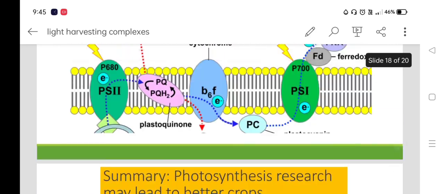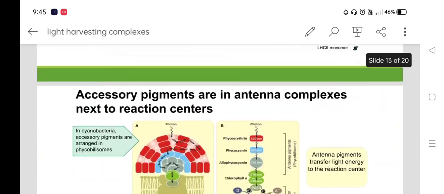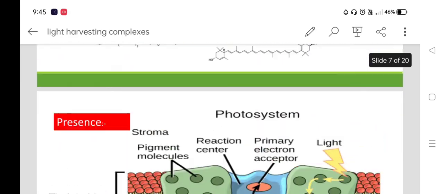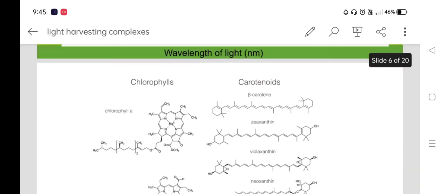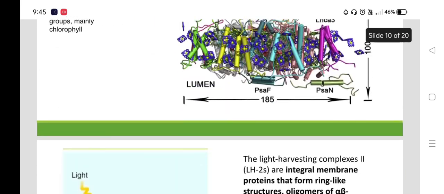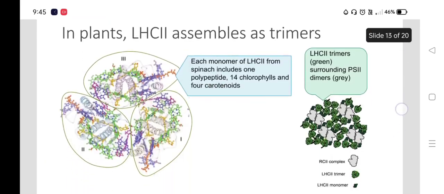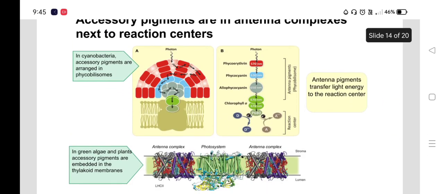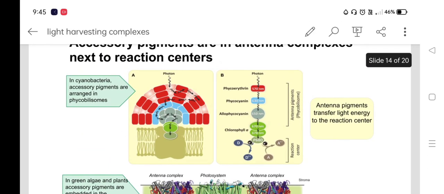So this is all about the light harvesting complex. Let me recall the important points. Firstly, the light harvesting complexes, or the energy funneling, work in a sequential manner, meaning the core pigment, which is chlorophyll A, will not directly absorb the light and then transfer the electron.